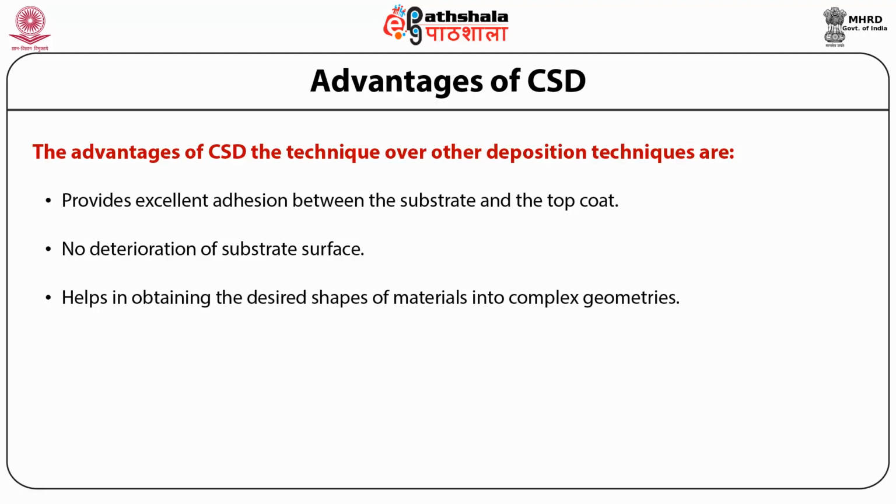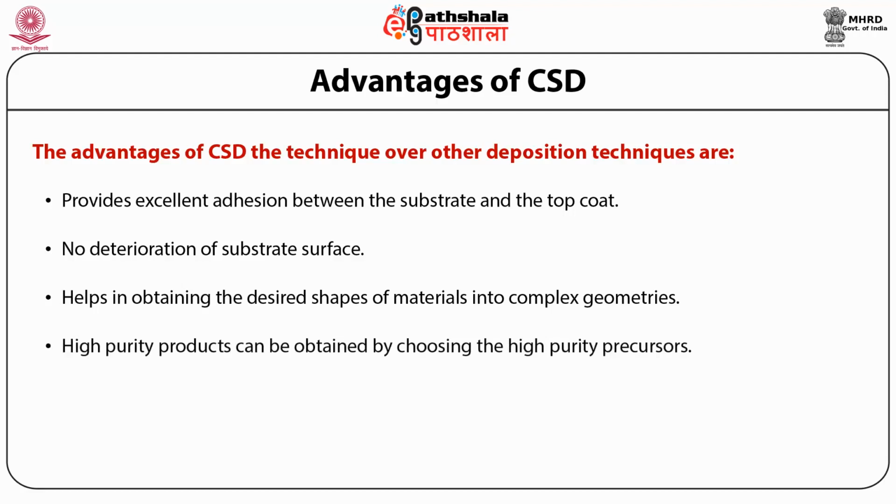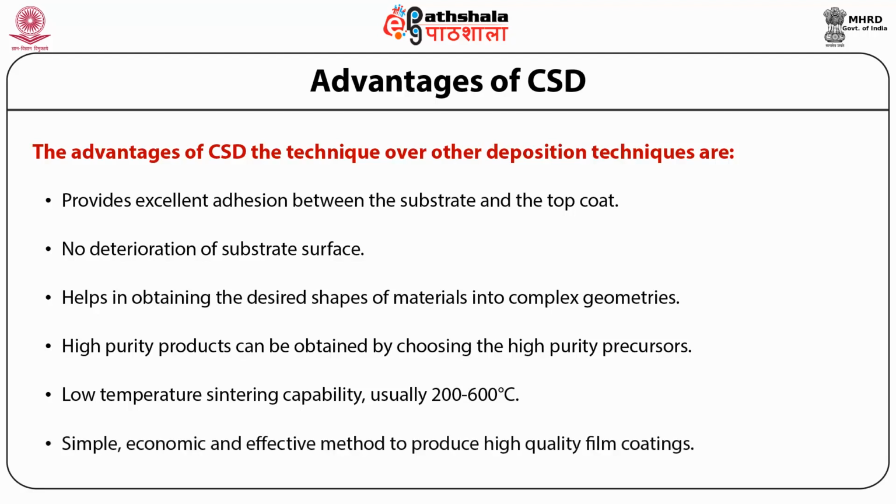Number four, high purity products can be obtained by choosing high purity precursors. Number five, low temperature sintering capability, which is usually between 200 to 600 degrees Celsius. And lastly, CSD technique is a simple, economic, and effective method to produce high quality thin film coatings.